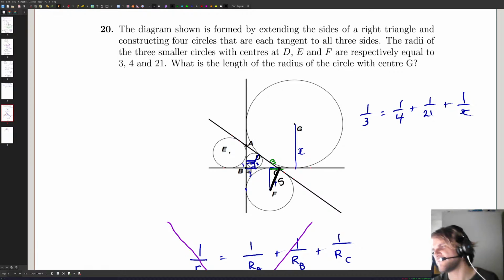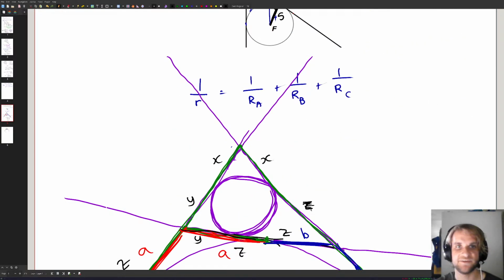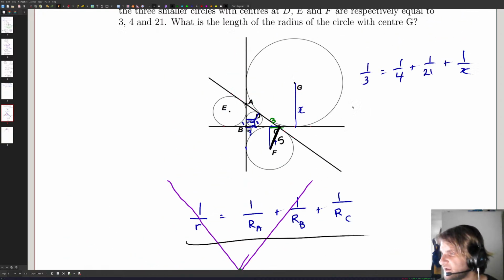And I don't know, maybe this goes somewhere. Maybe it leads to something useful. Maybe it doesn't. The easiest way definitely is if you, by chance, happen to know this formula already. Where does it come from?